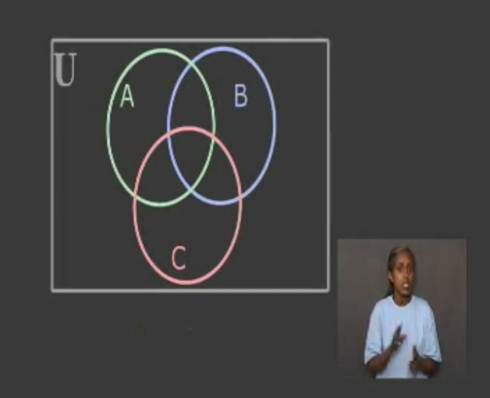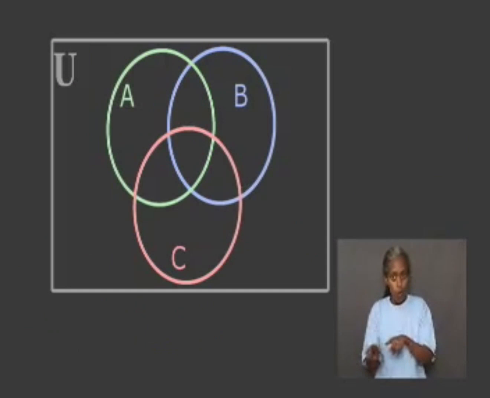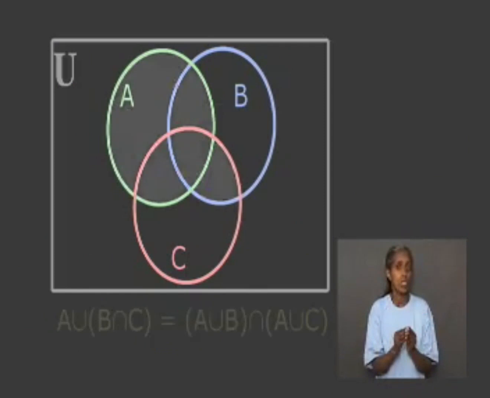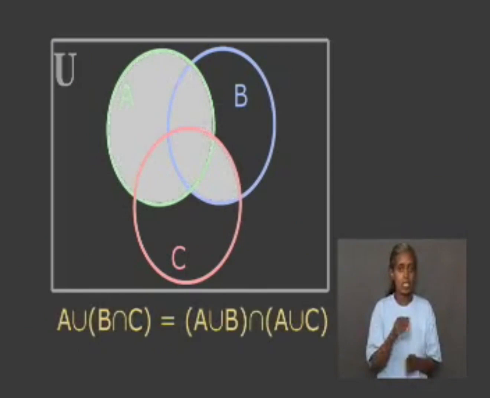The union and intersection of sets also have distributive properties. This is apparent when we discuss more than two sets. For any sets A, B, and C, union is distributive over the intersection of sets.